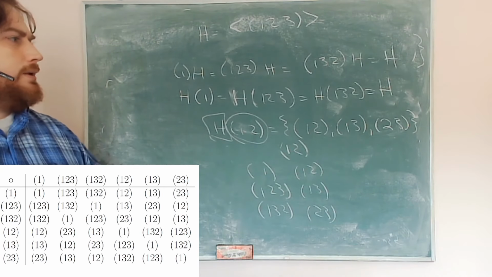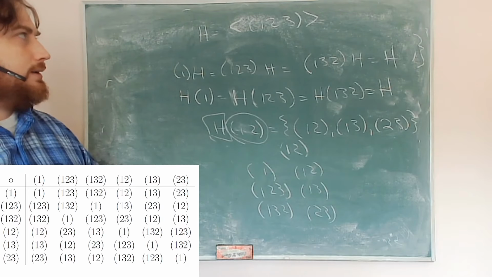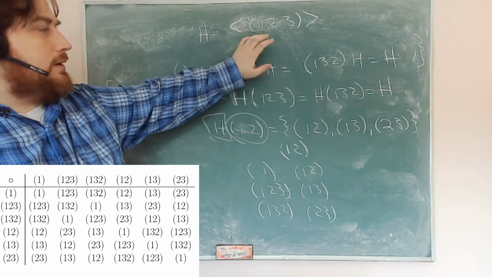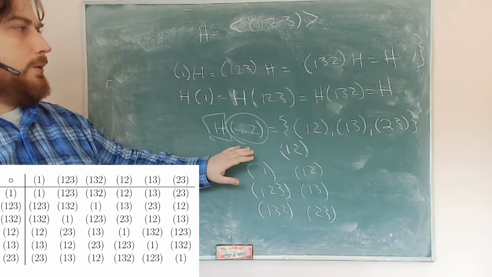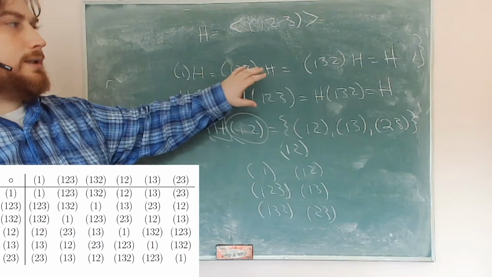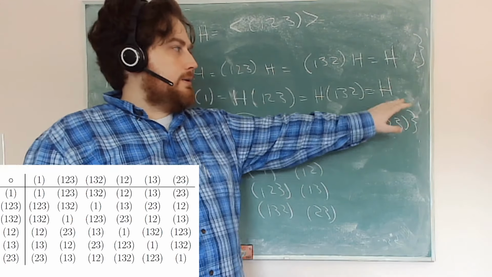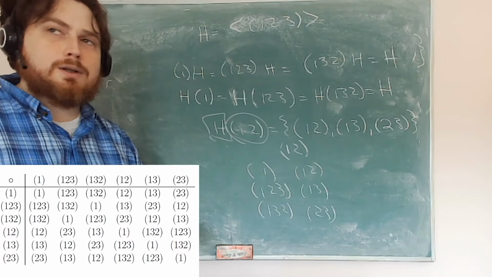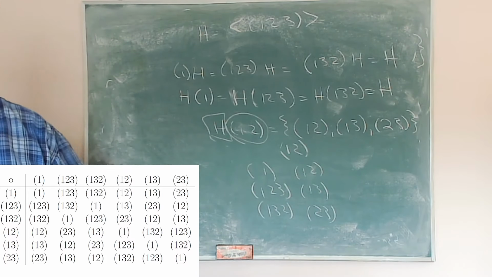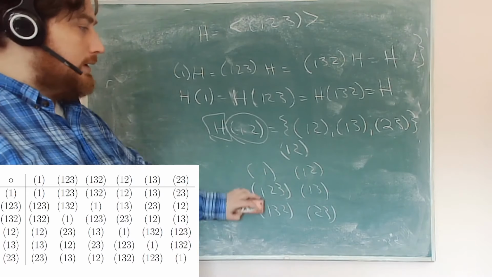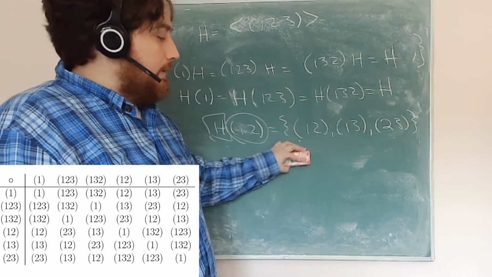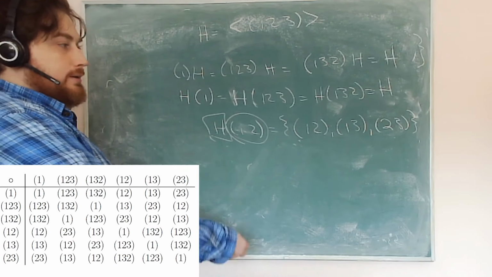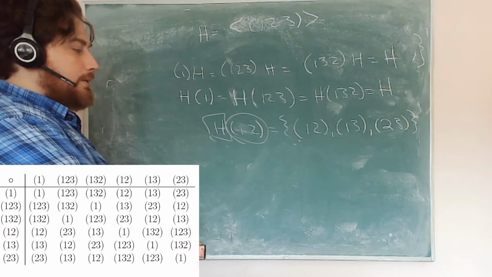Now, I want to be careful here: remember that the cardinality of this group was 3, so each of the cosets has the same cardinality as the set itself. Notice this coset has cardinality 3, H has cardinality 3, they have the same cardinality, so that makes sense. I'm using those theorems we had to check my work, and that looks good, so that is one of my right cosets.